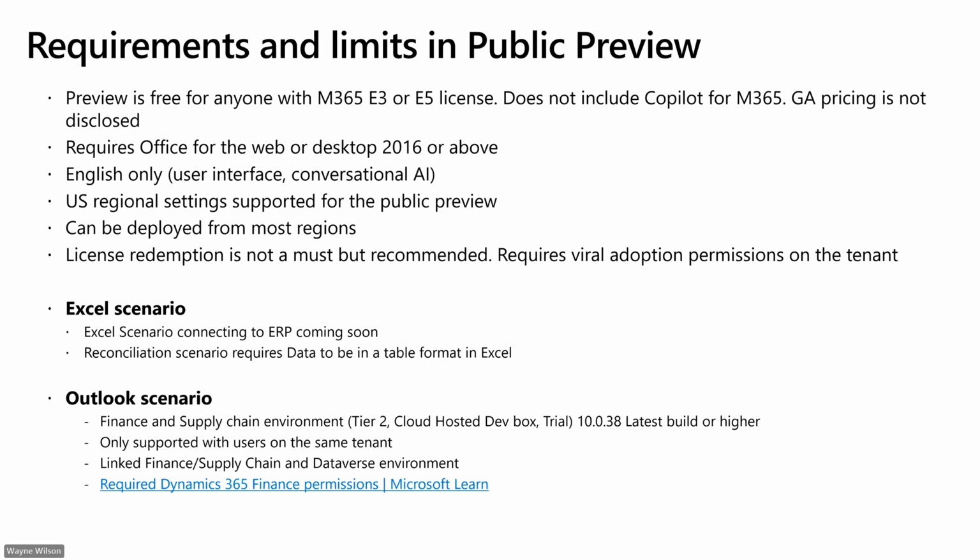In other words, if you have any Microsoft-managed Tier 2 environment, or any cloud-hosted environment, which is DevBox or CHE as known in other terms, you can simply start the deployment from LCS and you will get an out-of-the-box F&O environment and a linked Dataverse environment. You can use this for your testing purposes, or you can link it to an existing environment that you have. Once you have the link, your users have access to both environments. You will be able to see the environment in the drop-down list in the Outlook scenarios.